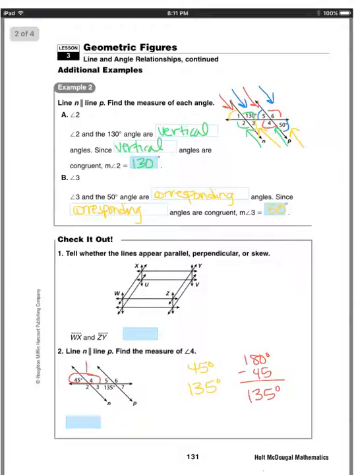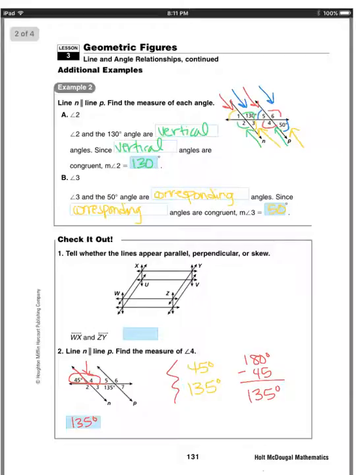And that tells us what our unknown measure is. Also, if you know that they either have to be 45 or 135 degrees, you know that angle 4, just by looking at it, is an obtuse angle, so it has to measure over 90 degrees.